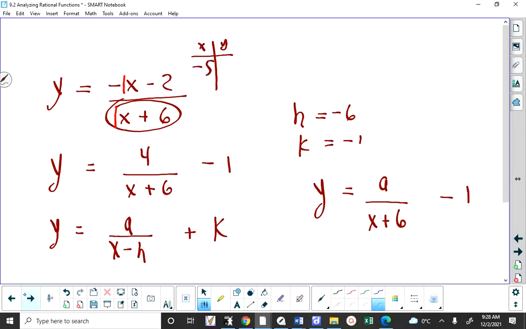Choose -5 for x. Anybody know why I'm choosing -5 for x? Because when I put it in the denominator, -5 plus 6 is just 1. I'm not dealing with a fraction. And when I put -5 on the top, I end up with -5 minus 2, which is 3.